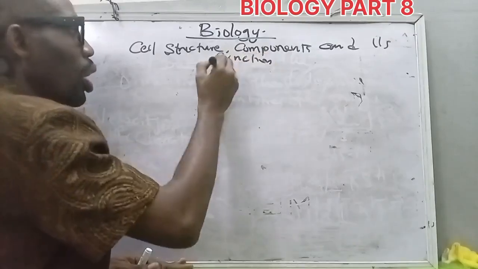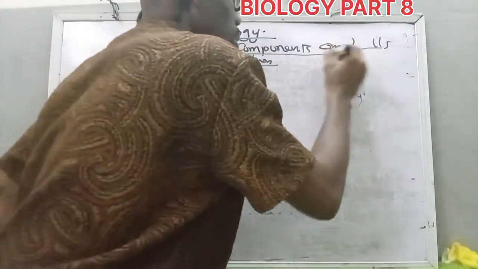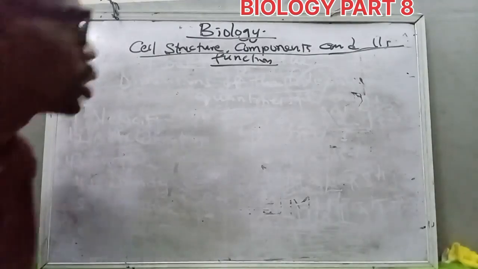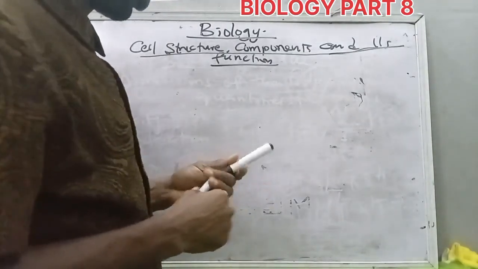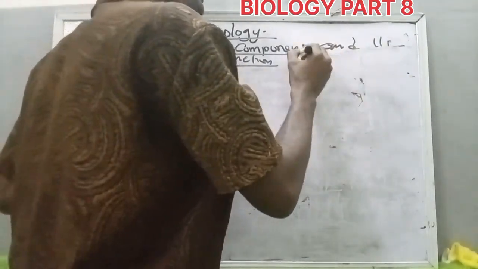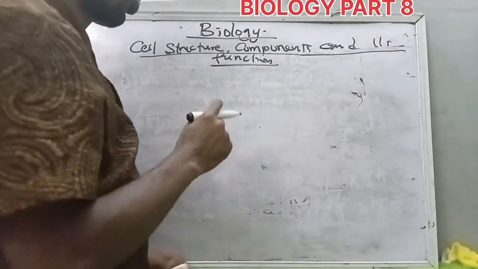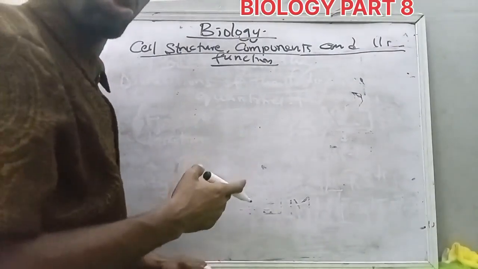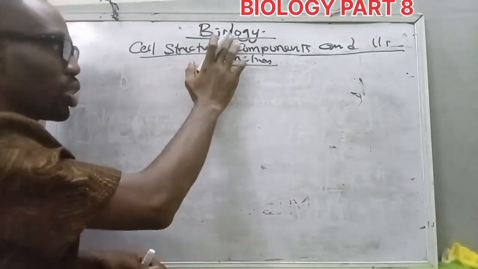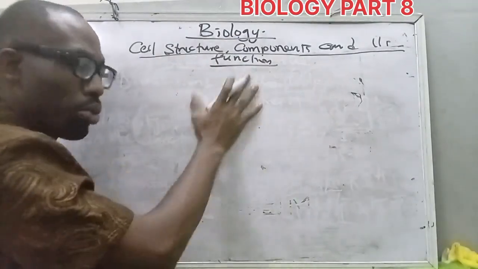Okay, so I want to see how I'll be able to quickly summarize all the components in this topic, cell. Okay, so in doing that, I'm going to split the board into two. Are you with me? I'm going to split the board into two. So I've written the topic, we're dealing with biology, looking at cell structure, component, and function.